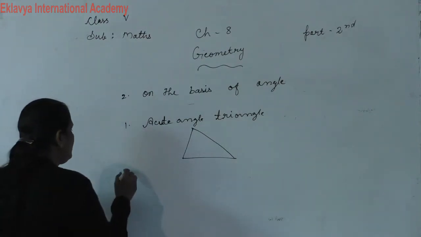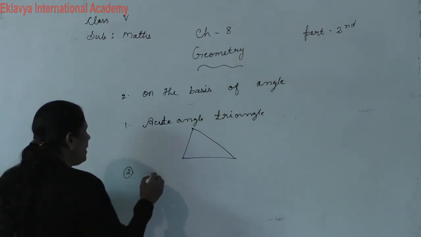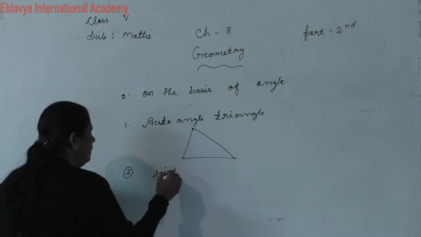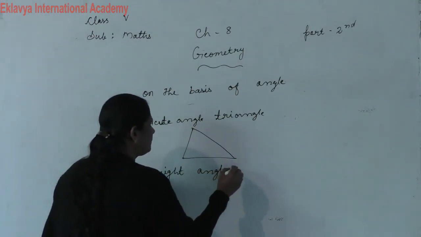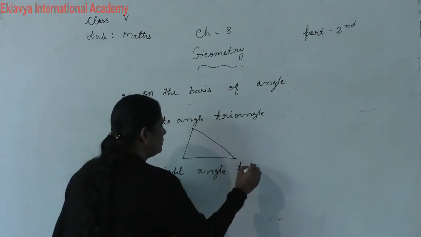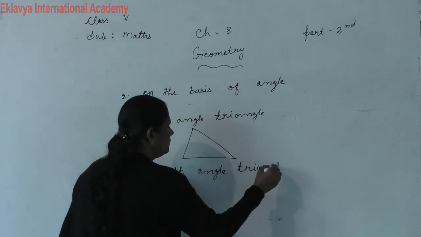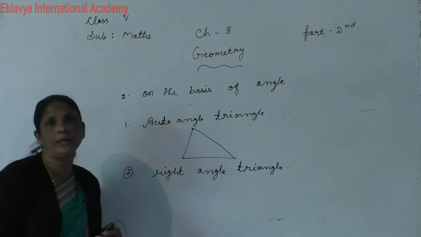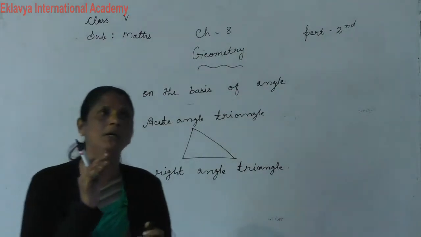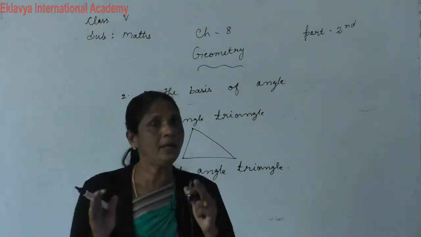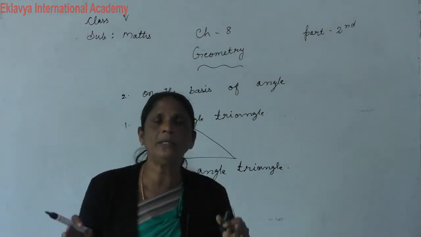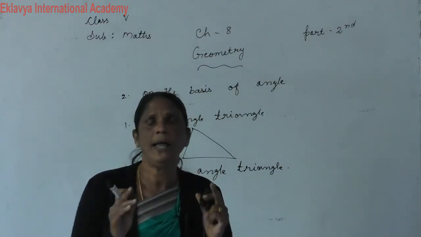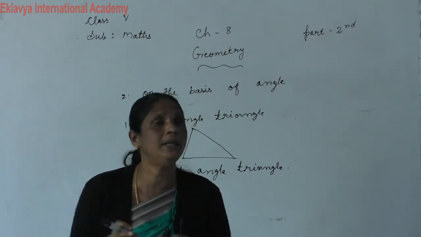Then second is right angle triangle. In a right angle triangle, one of the angles is 90 degrees.